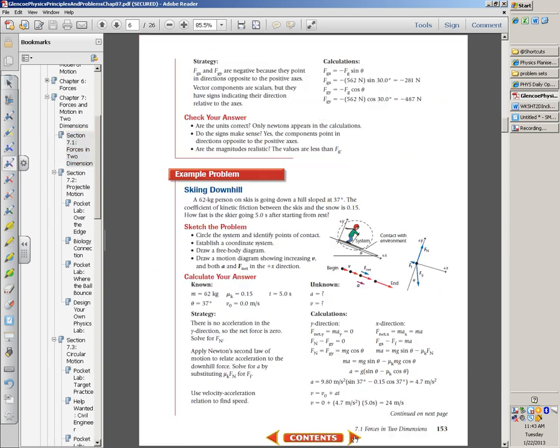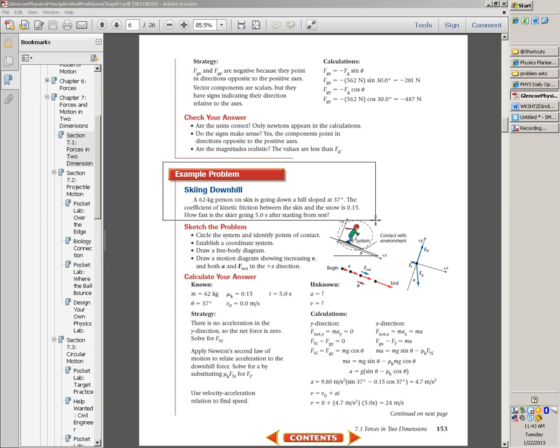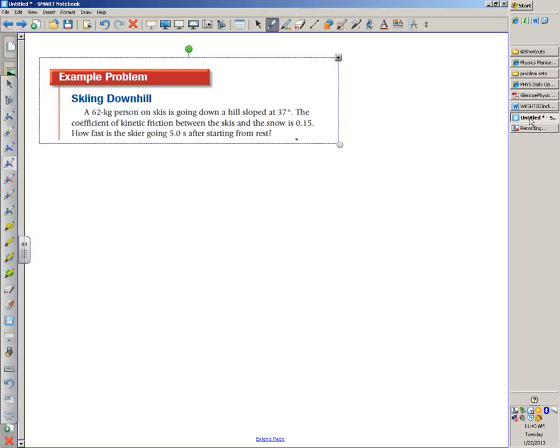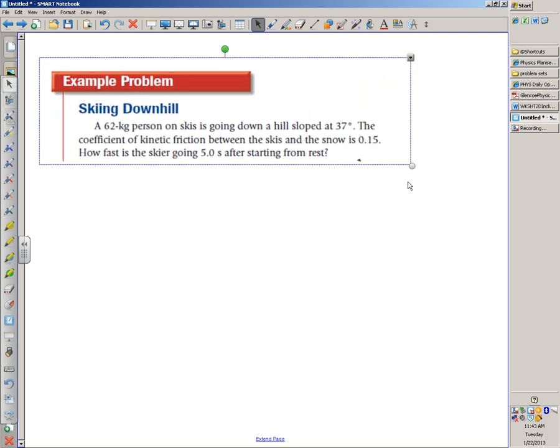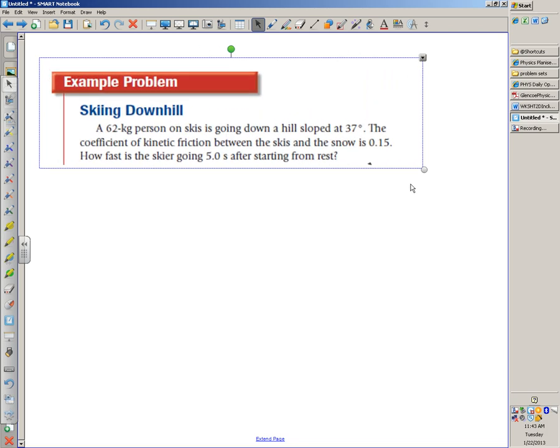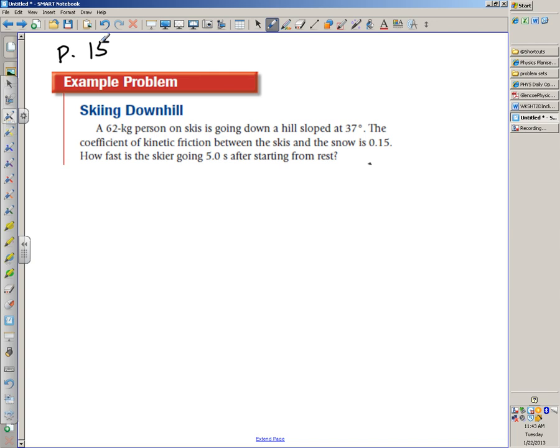We are going to go to page 153, and we're going to look at this example problem on page 153. This is an example problem from the book, so they actually work out how to do it in the book, but they skip over some steps sometimes and don't exactly explain why they're doing stuff, so let's take a look at it.